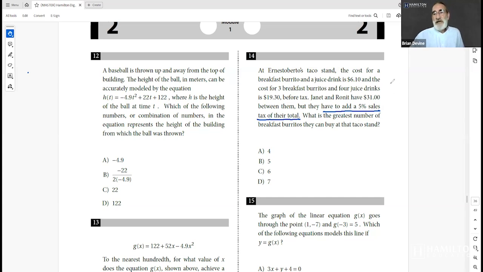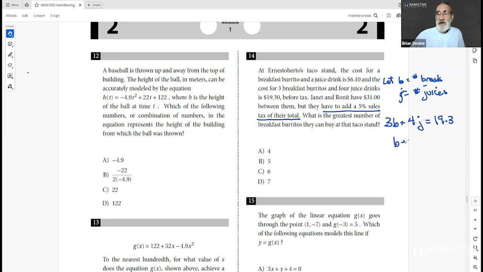Well, I do know that if I let B equal the number of breakfast burritos, and J equal the number of juices, then 3B plus 4J is going to be 19.3.